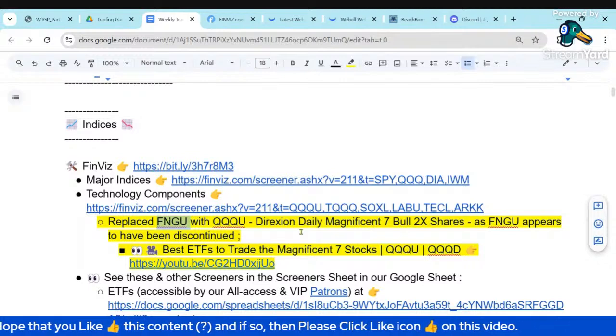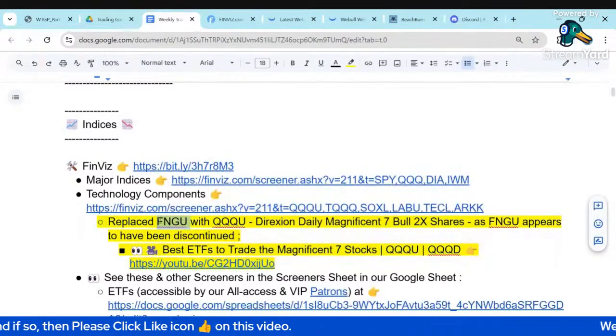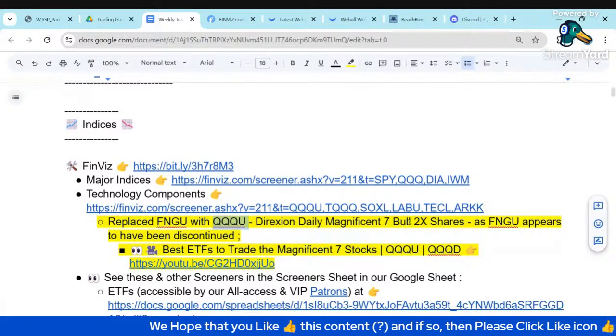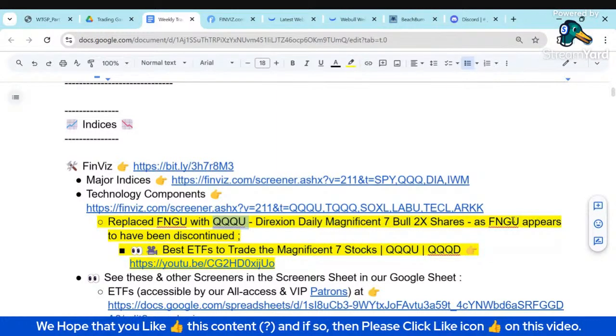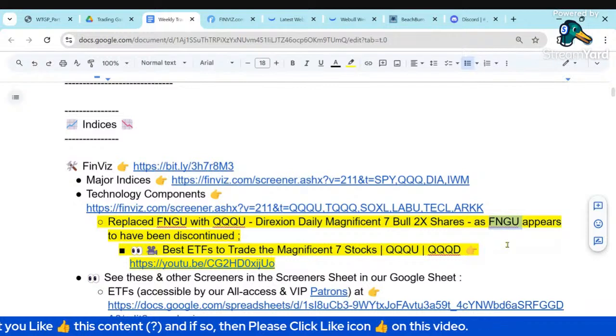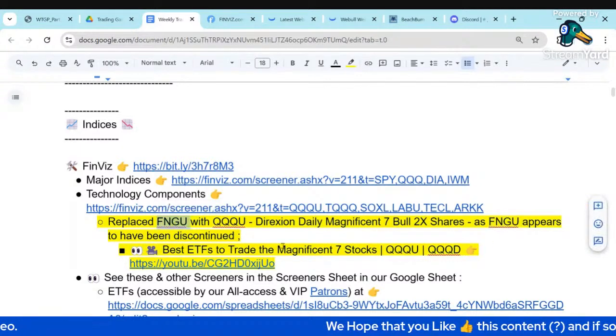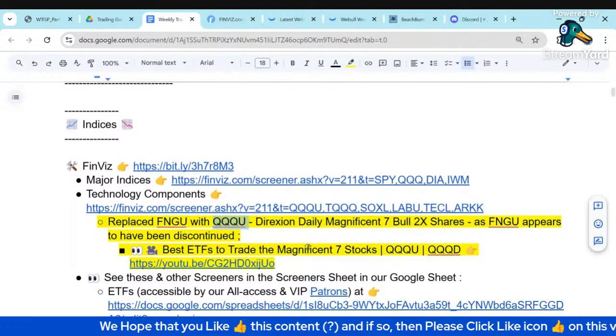One of the changes I made in this technology component screener this week is I replaced FANG-U, which was the leveraged long on the FANG stocks, with QQQU, which is the leveraged long on the Magnificent Seven stocks. It looks like they discontinued FANG-U. FANG-D is still available, apparently, but since they discontinued FANG-U, I've removed that from the technology component screener and replaced it with QQQU.